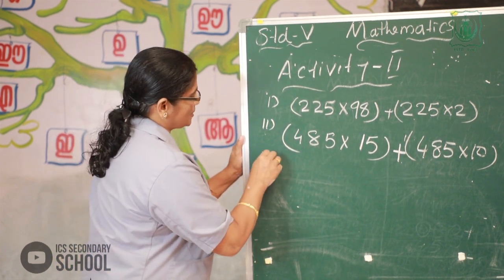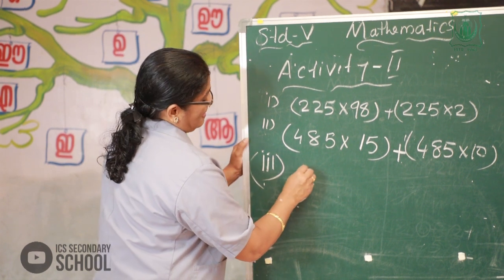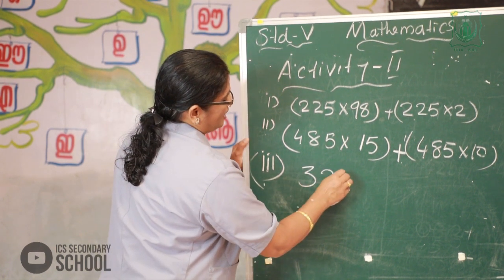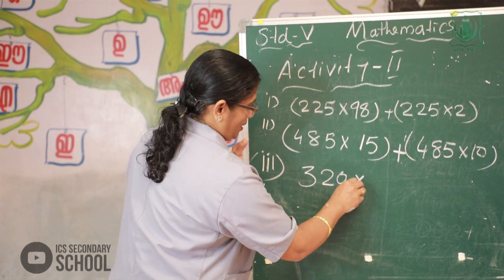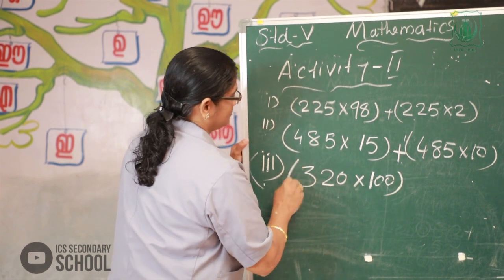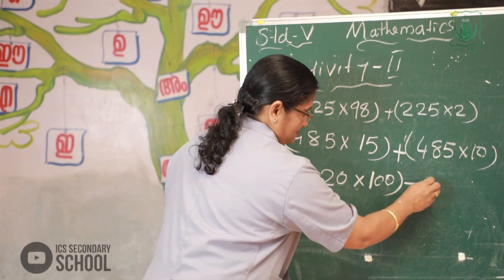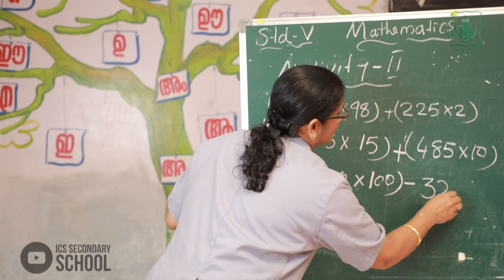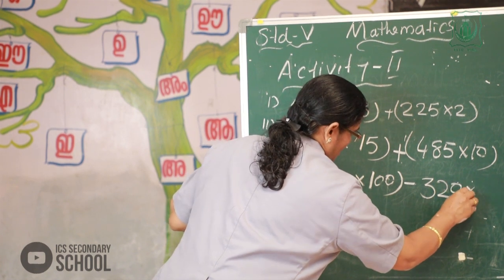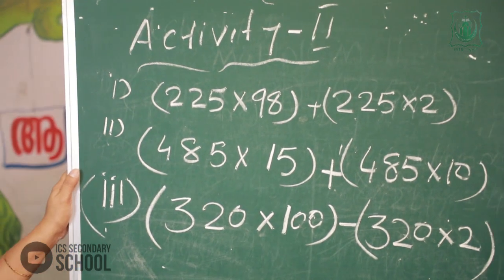And question number 3: 320 into 100 minus 320 into 2.